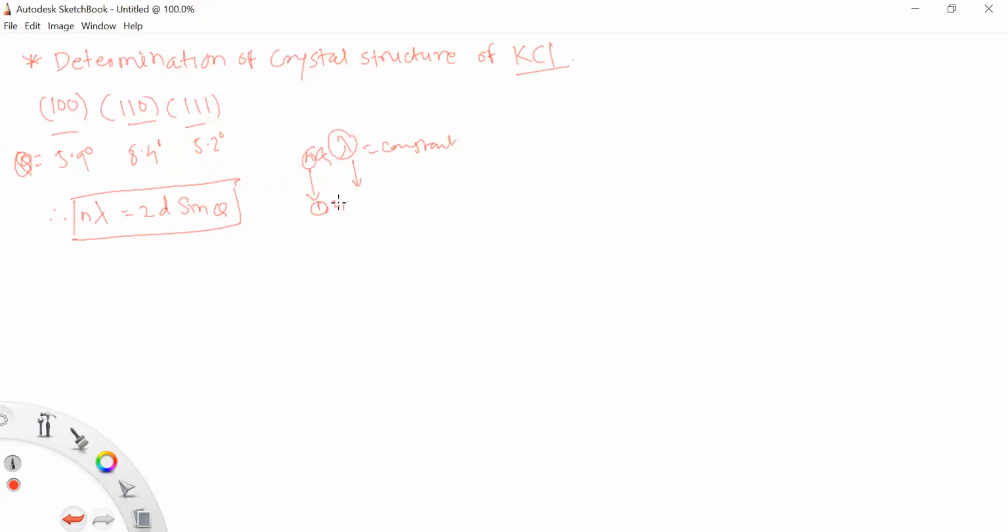So if these are constant, we can write that d, the interplanar distance, is proportional to 1 upon sine theta.